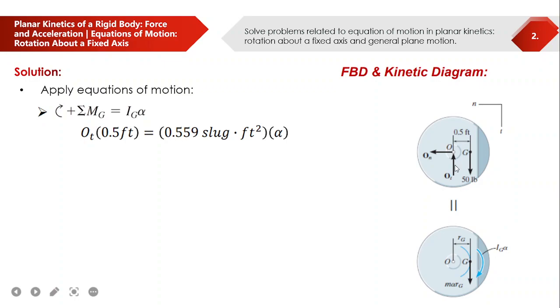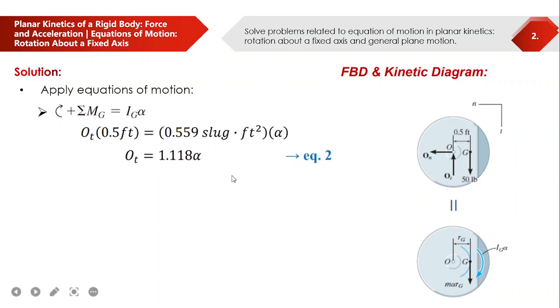The only force causing our body to rotate is O sub T, so it's O sub T times 0.5 feet equals 0.559 slug feet squared times alpha.